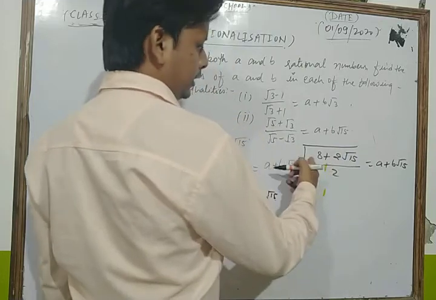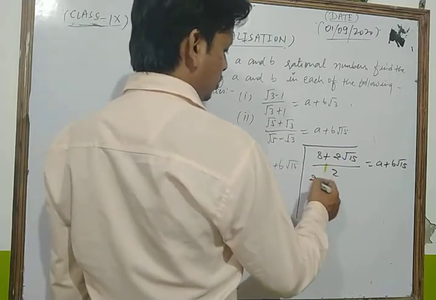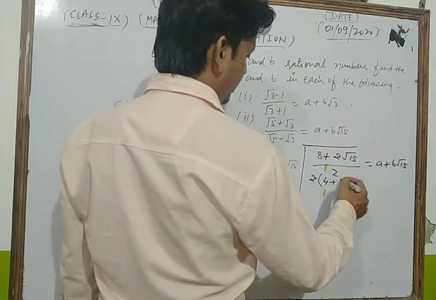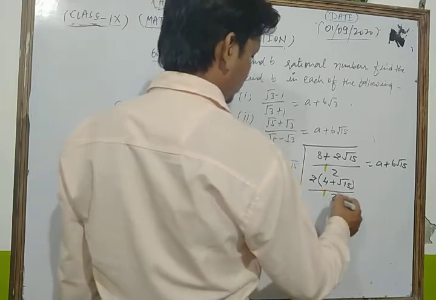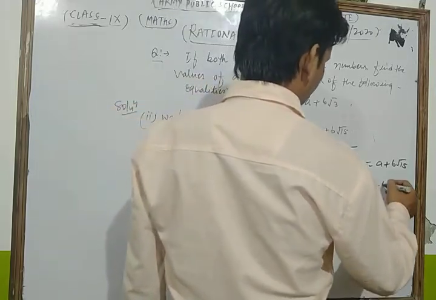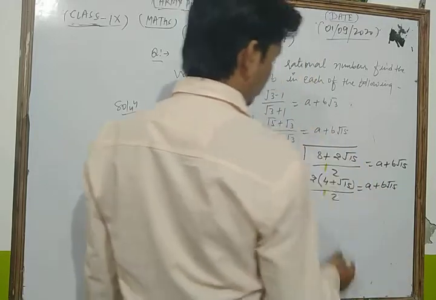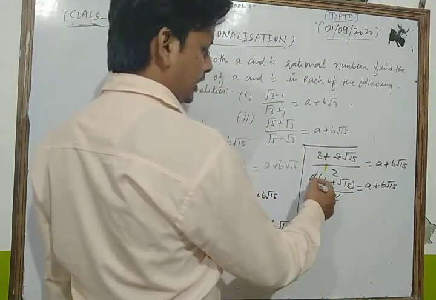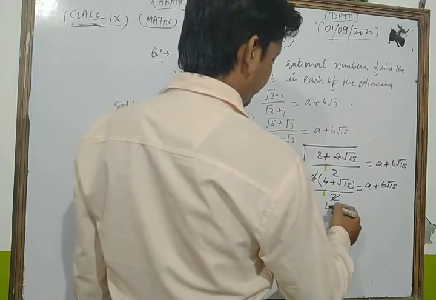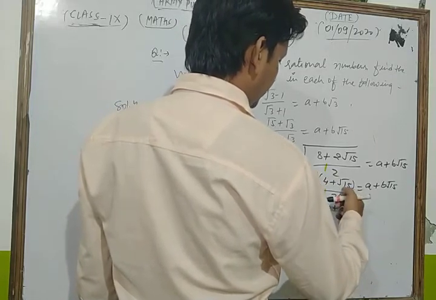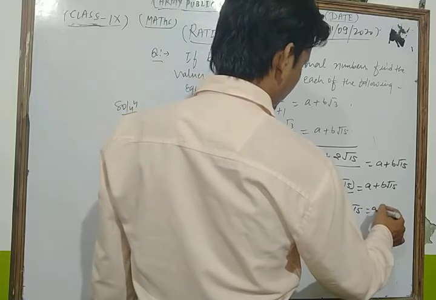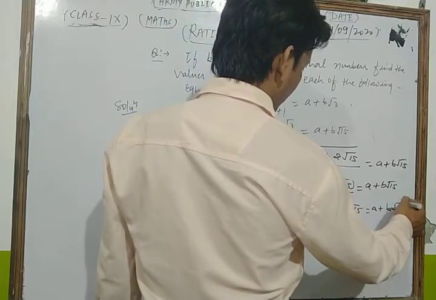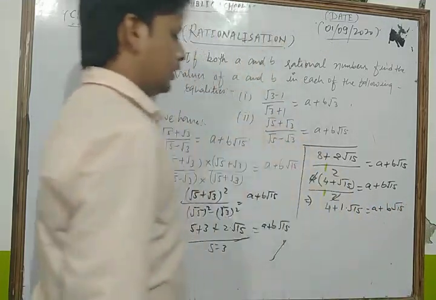Now in the numerator we take 2 as common, so we get 4 plus root 15, upon 2 is equal to a plus b root 15. Now look here, 2 cancel each other, dear students, and we get 4 plus, we write root 15 as 1 into root 15, is equal to a plus b root 15.